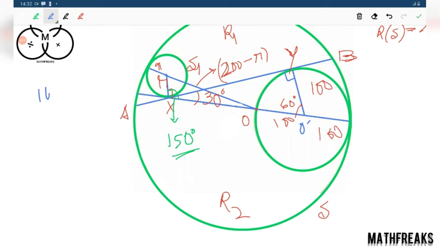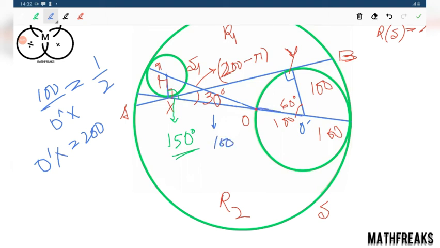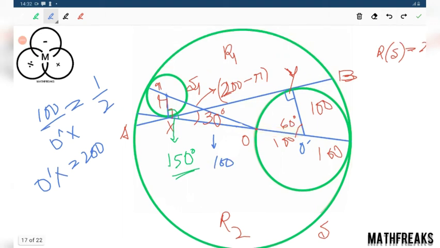Then 100 by O dash X will be sin 30 degree, that is half. O dash X equals to 200. So this part will be 100 because this is also 100. From this we can have OX equals to 100.